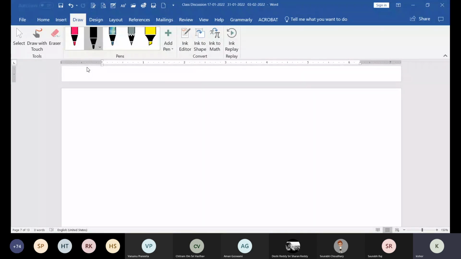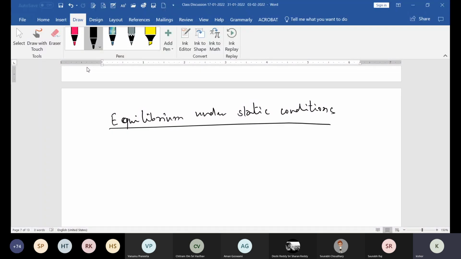So equilibrium we discuss under static condition or static economy. Indirectly, here almost everything is standstill.